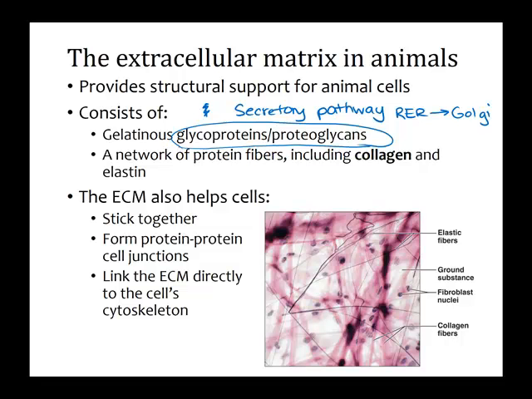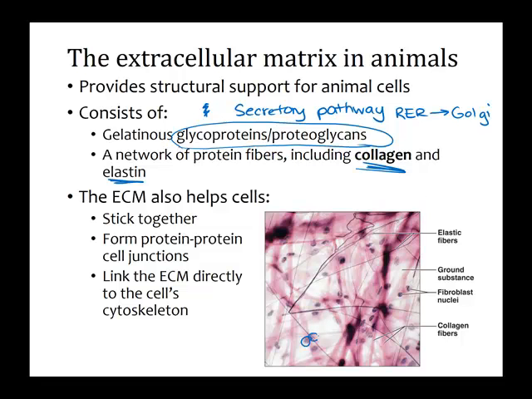And these glycoproteins or proteoglycans, there can be many different types of them. The major one that we have in animals is collagen. We have a lot of collagen in our skin, in our bones. We also have another more minor protein called elastin. And we can actually see in the image down here where we see the components of the extracellular matrix.